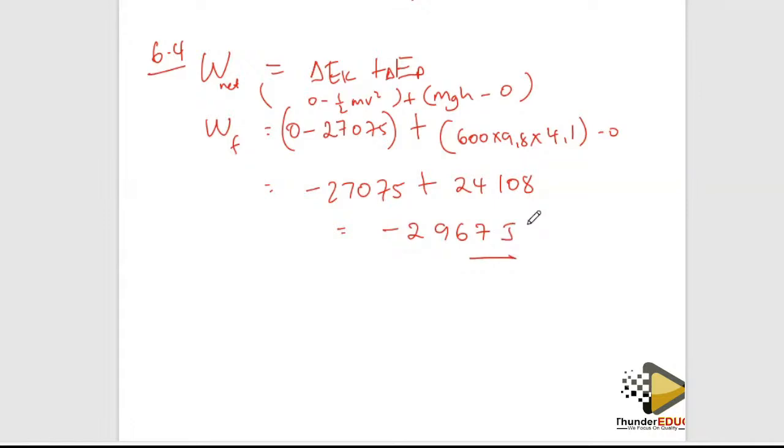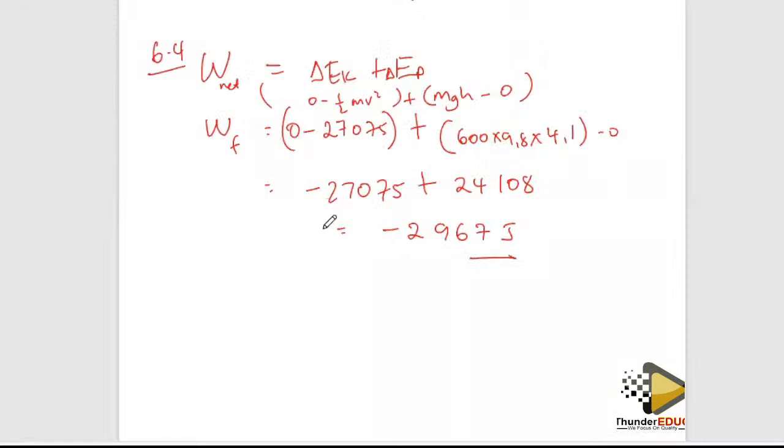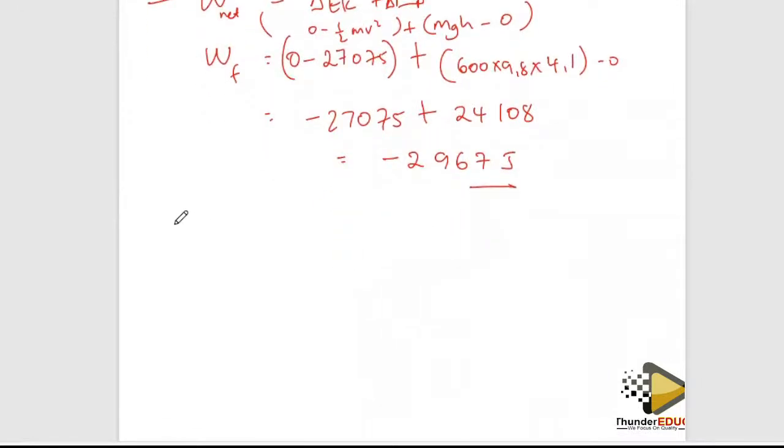Then I'm going to look at the aspect of the individual forces that are working on this carriage. Which means the FG parallel has to do some bit of work, and the friction has to do some amount of work. So how am I going to represent that?